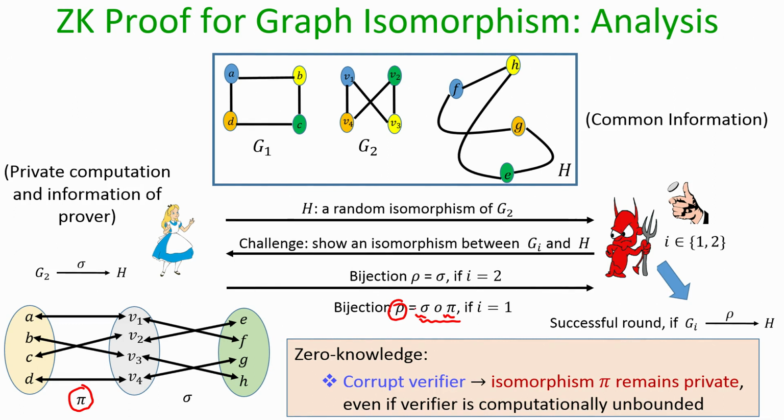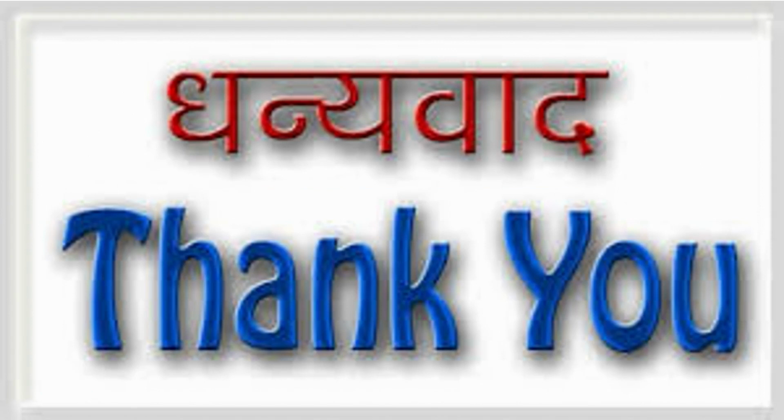Since sigma is chosen independently in each iteration, even if a malicious verifier keeps on challenging Alice with i equal to 1, it will fail to learn about the secret mapping pi, and this holds even if the verifier is computationally unbounded. So, a malicious Bob does not learn anything about the secret witness pi available with Alice.